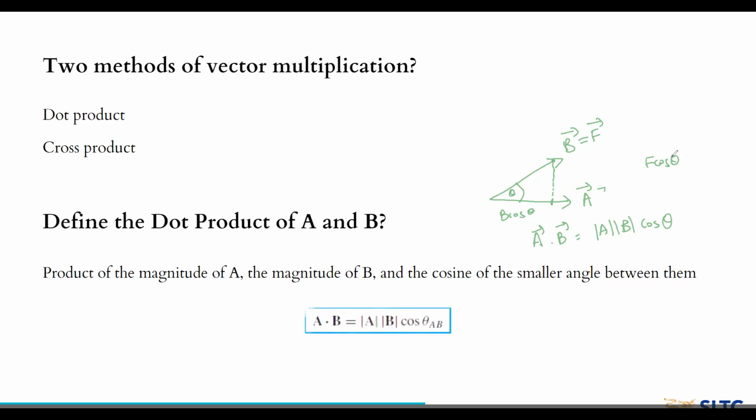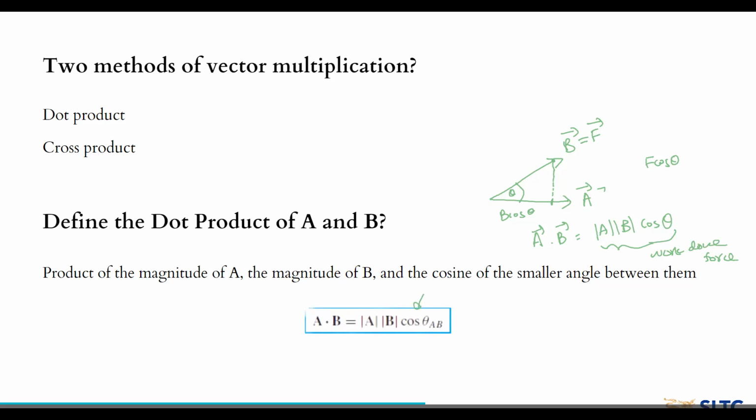However, this force also needs to travel the magnitude along the vector A. If the F cos theta is applied over the A vector, then we need to take the magnitude of A and take the product with F cos theta to get the total work done over the vector A. So this is basically used in mathematics to find the work done by a certain force, and that is an important application of the dot product.